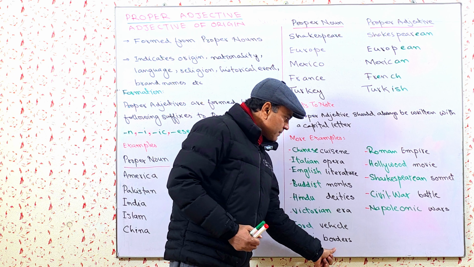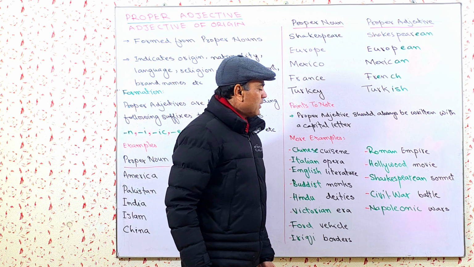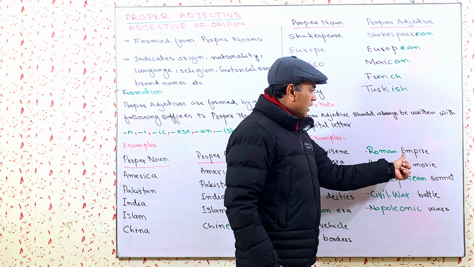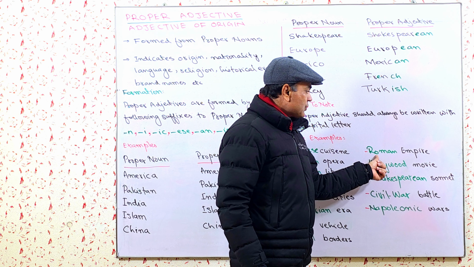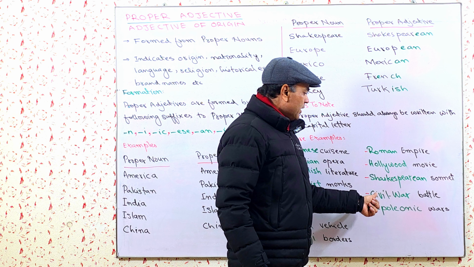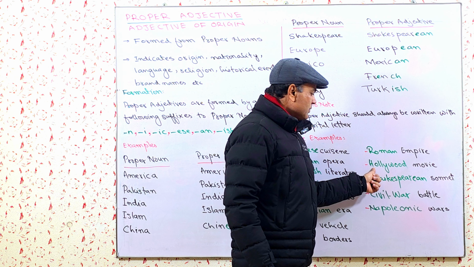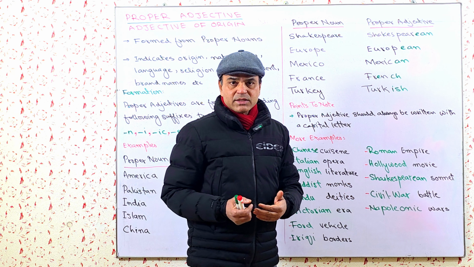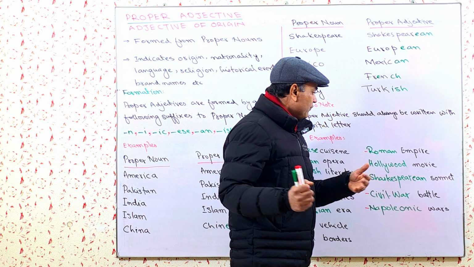Iraqi borders. Here Iraqi is a proper adjective. Roman Empire. Here we are talking about the empire, and which empire? Roman Empire. Hollywood movies. Again, Hollywood is a place in the USA, and it is also the film industry.